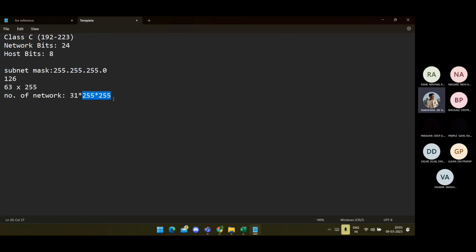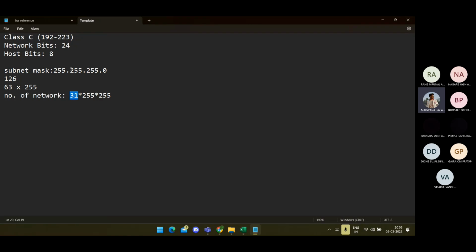The range of the other two octets will remain the same, right? The range of the first octet is changing because we have divided this first octet into different ranges. So we can only go from 192 to 223, so we can only have 31 networks.